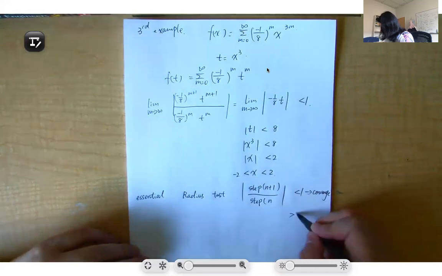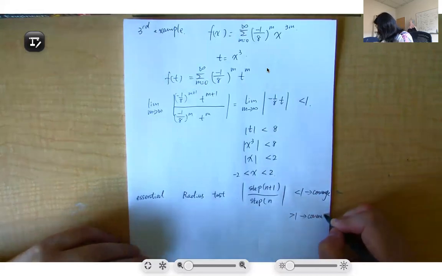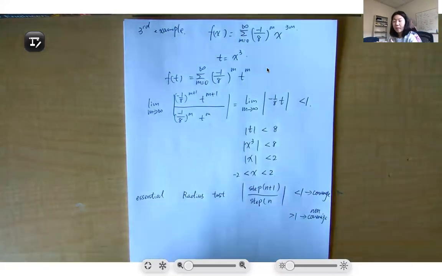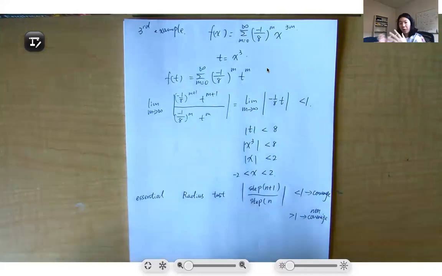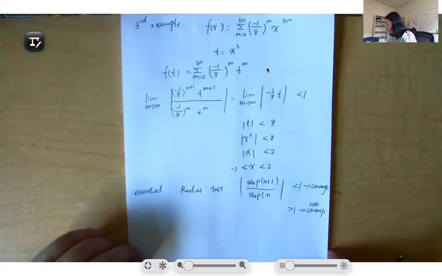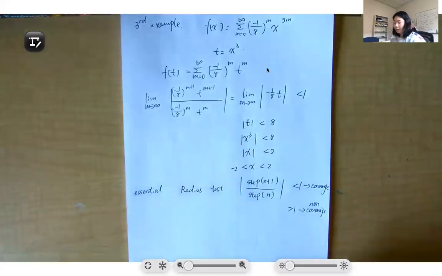If that is bigger than 1, it won't converge, because your n plus 1 step is bigger and bigger and bigger towards infinity. That is how we do the radius test. And after we do the radius test, we can decide whether we can program this power series or not.